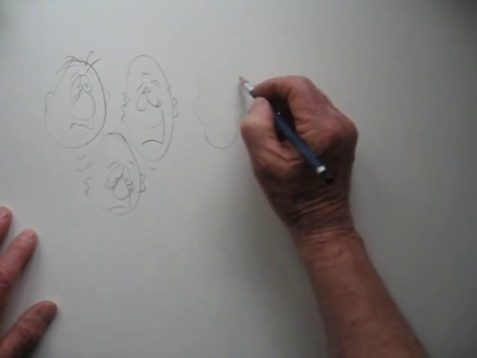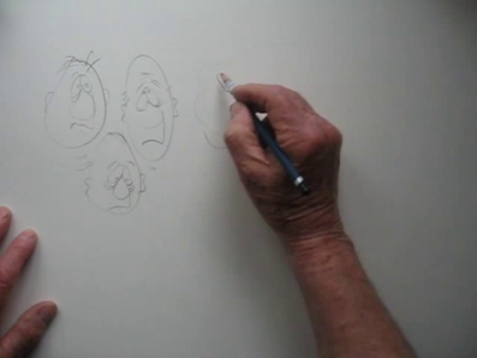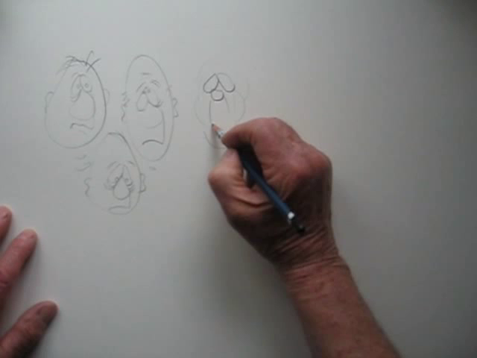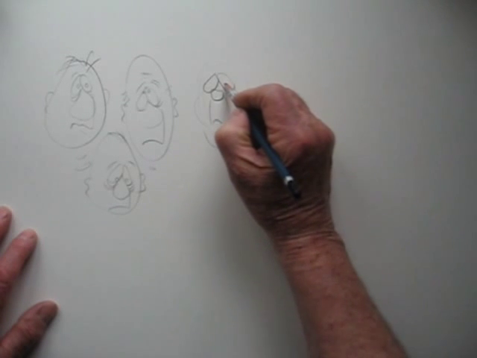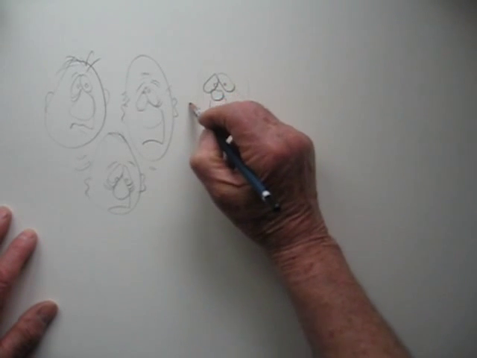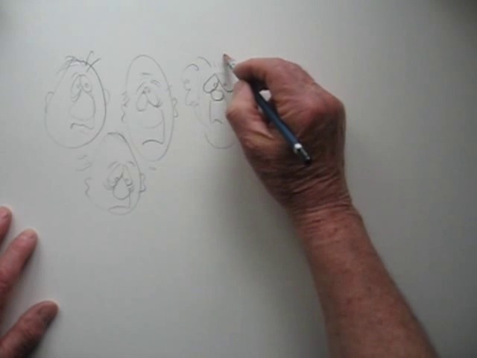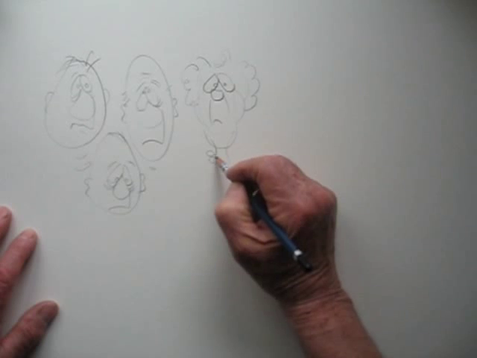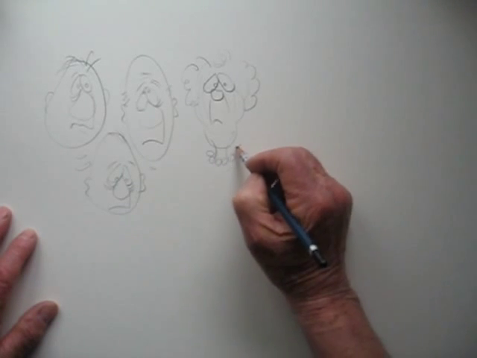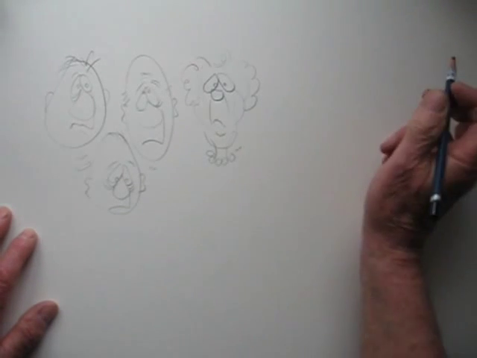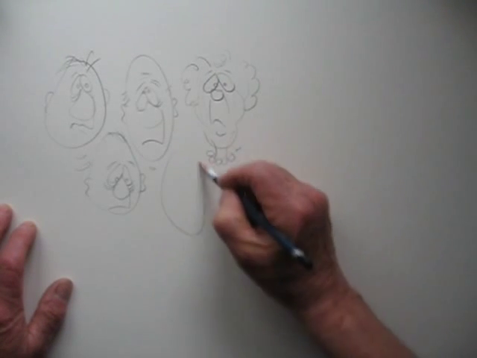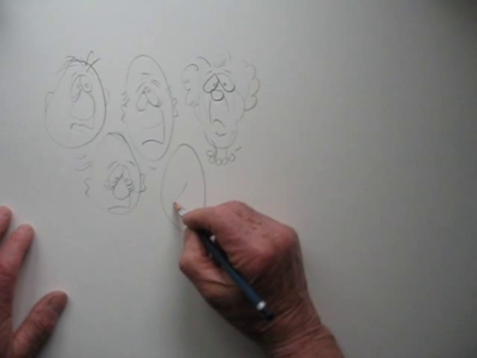On this particular drawing I'm doing now, I should do an old lady, and she is elderly and looking quite haughty, but she's looking on the verge of tears. And I've got a little necklace around her neck just to add a little bit to the drawing.